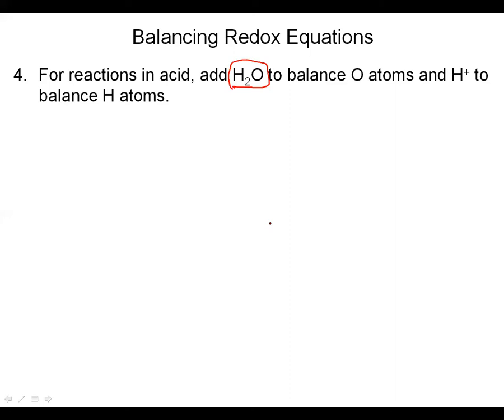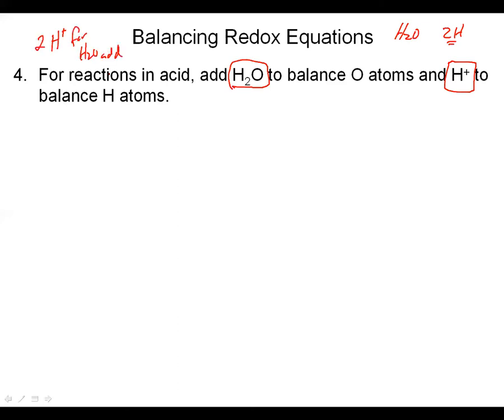The consequence of adding water is every time you add a water, you're basically adding 2 hydrogens. So to fix that, to the opposite side that you add the water to, you should add 2 H+ to balance out the hydrogen. We really use H+, and you basically need to add 2 for every water you add.